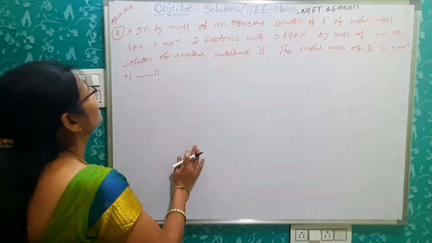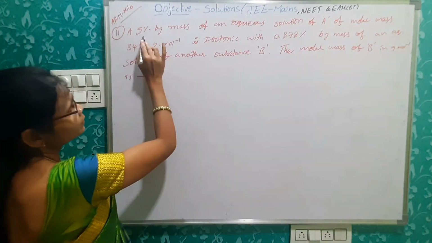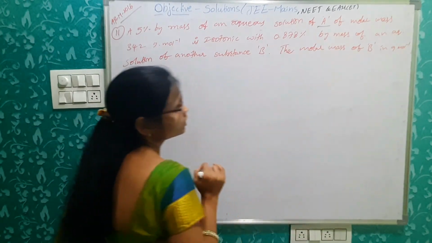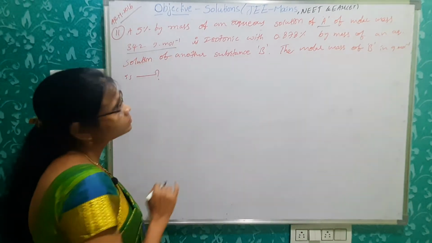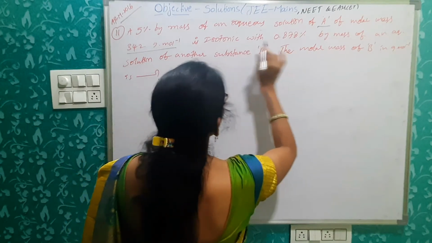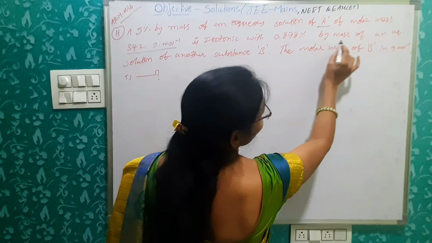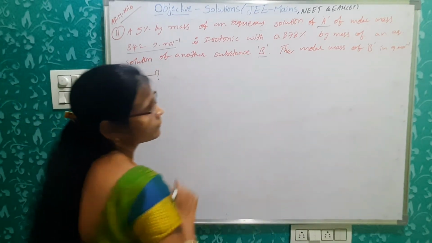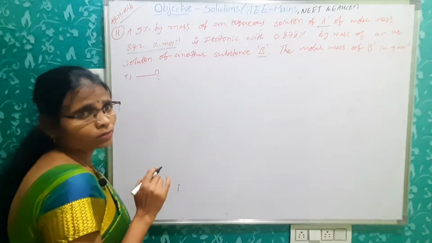Now the 11th one, this is also from the previous AP Medicine 2016. A 5% by mass aqueous solution of A, molar mass 342 gram per mole, is isotonic with a 0.878 percentage by mass aqueous solution of another substance B. Find the molar mass of B in gram per mole.